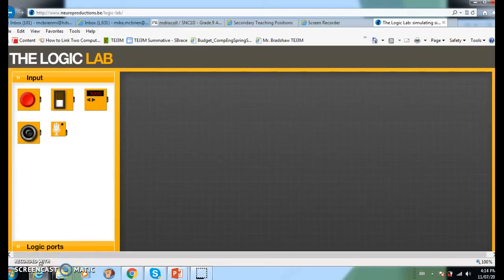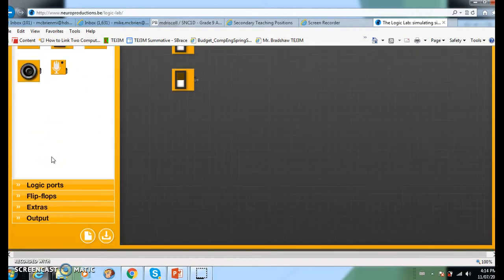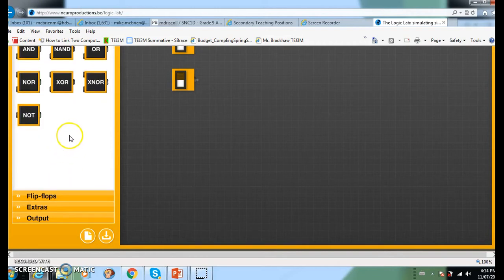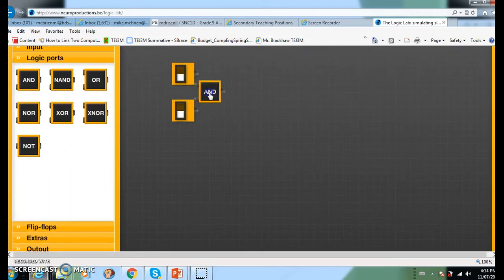Okay, so this is the logic lab where we're going to do our simulation. What we're going to do is just drag in a few components so that we can examine the behavior of an AND gate. Here are two simple switches from our input side, and we're going to get ourselves an AND gate.